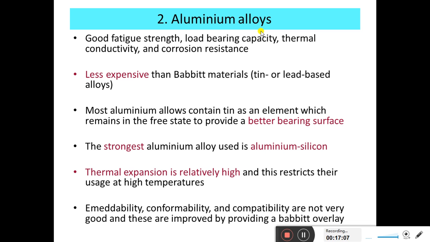It can't be used for heavy load applications if it is pure aluminium. The advantage is that it is corrosion resistant. Aluminium won't corrode. It also has low cost and very low density, so it is lightweight. But if the density is less, what happens? Of course, it is a ductile material, not a brittle material.